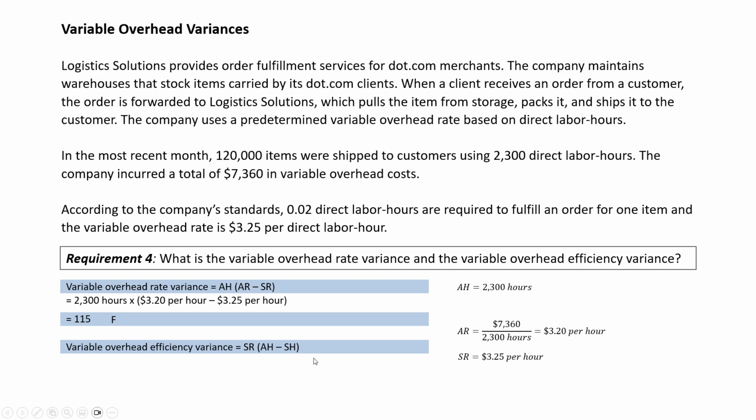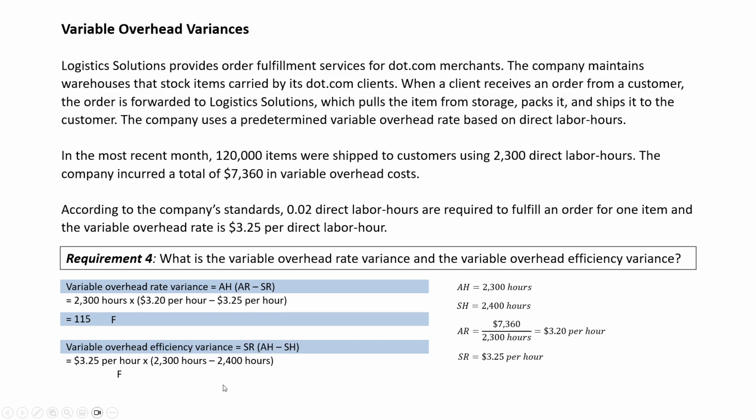We already solved for the standard hours as part of requirement 1. If you recall, we took our 120,000 items shipped times 0.02 direct labor hours per each item, and that got us to the standard of 2,400. Now, if we fill this in, $3.25 times the difference between 2,300 hours minus 2,400 hours.